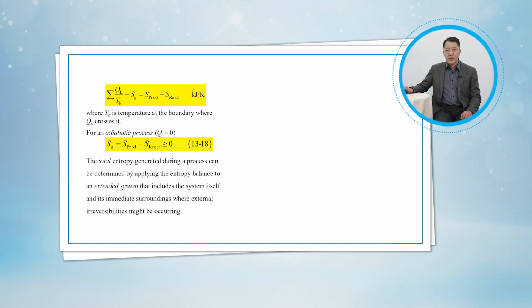The total entropy generated during a process can be determined by applying the entropy balance to an extended system that includes the system itself and its immediate surroundings, where external irreversibilities might be occurring.